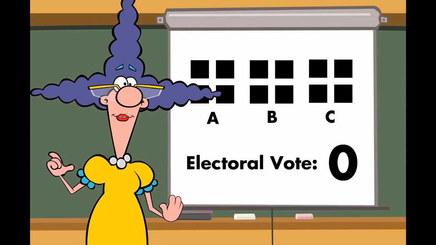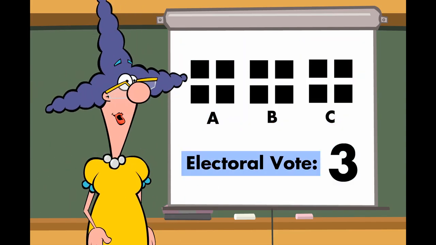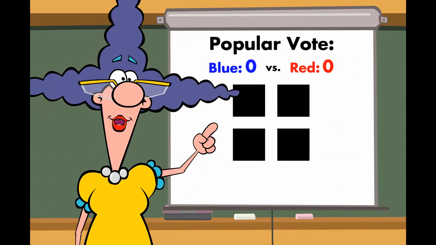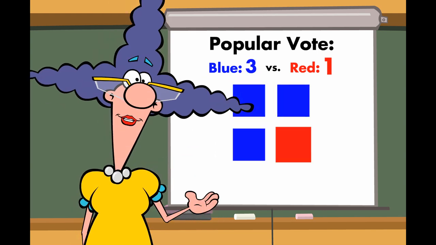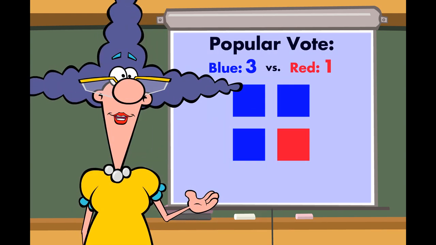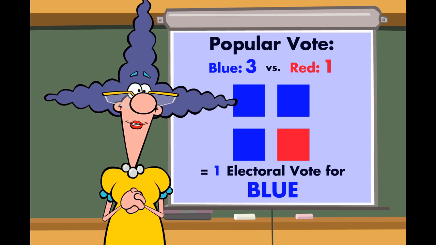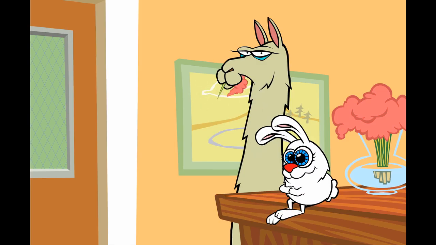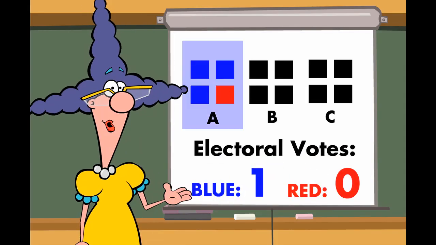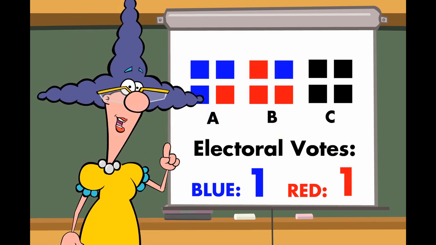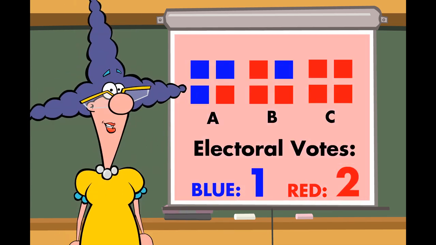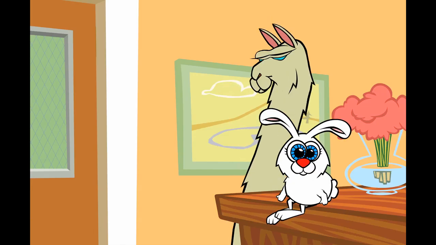Each group will have 1 electoral vote. The popular vote, or individual votes from each group, will determine which animal gets that group's electoral vote. The animal with the most electoral votes, not popular votes, wins. Neat.